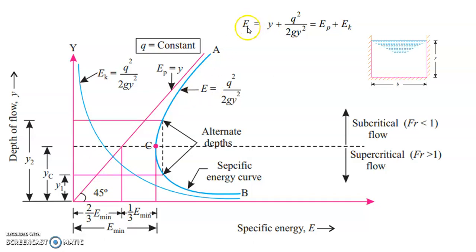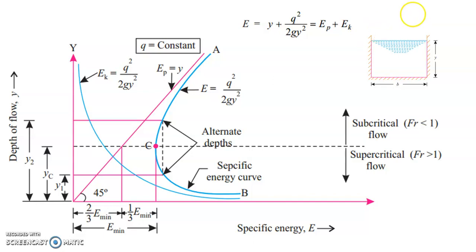So we start with the basic equation: E is equal to y plus q square by 2gy square, or to sum up, the specific energy E is the summation of potential energy and kinetic energy. All these explanations deal with a rectangular cross section where width is b and depth of flow is y.